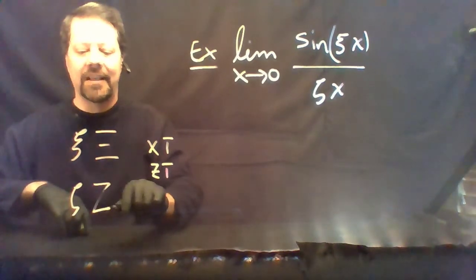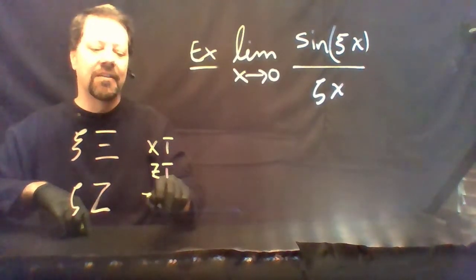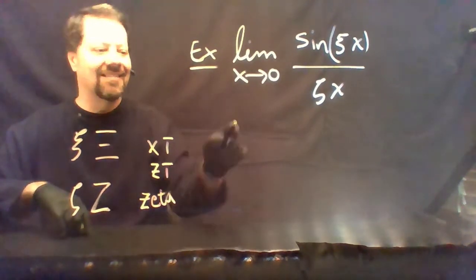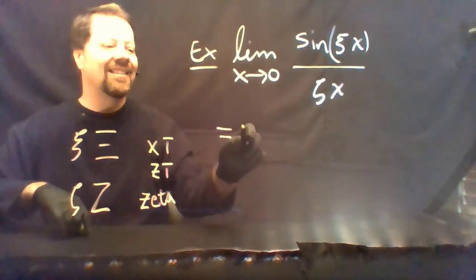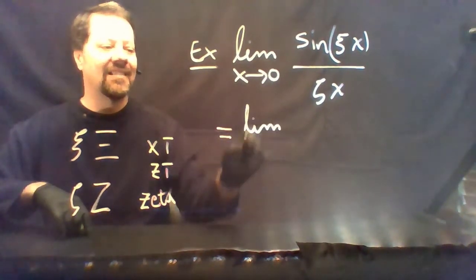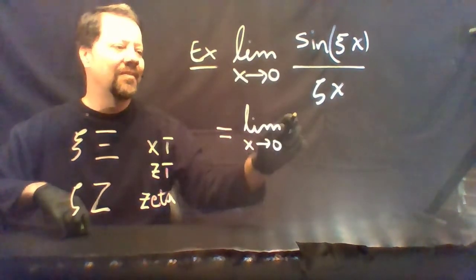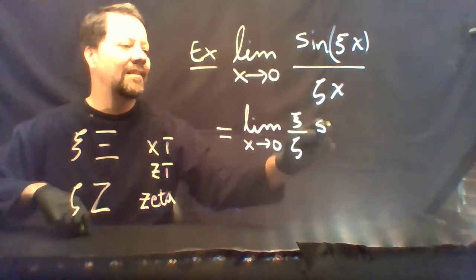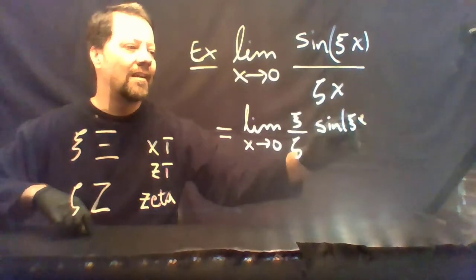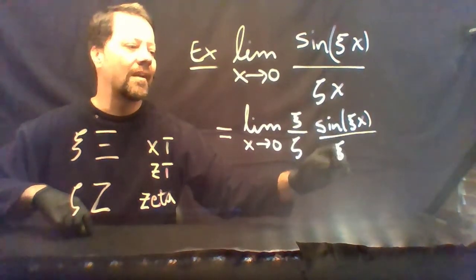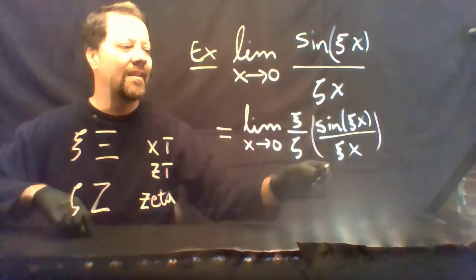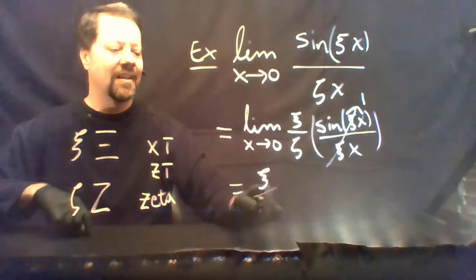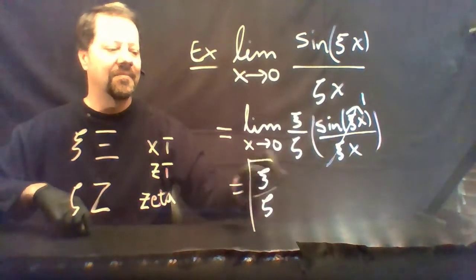This is the lowercase and this is the uppercase for the Greek letter zeta. You can see now that this will be the limit as x goes to 0 of psi over zeta, sine of psi x over psi x. The second factor goes to 1, and so the answer is psi over zeta.